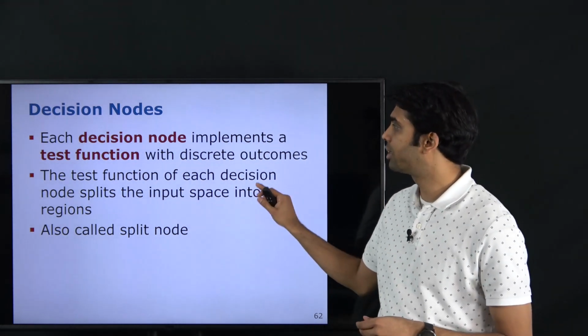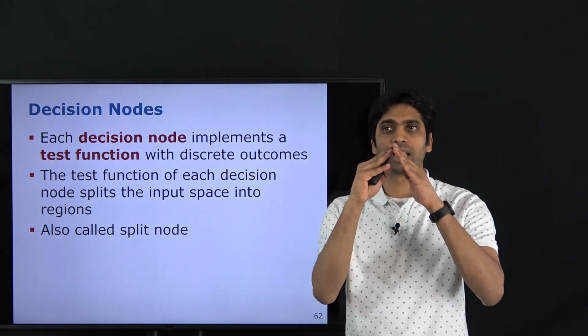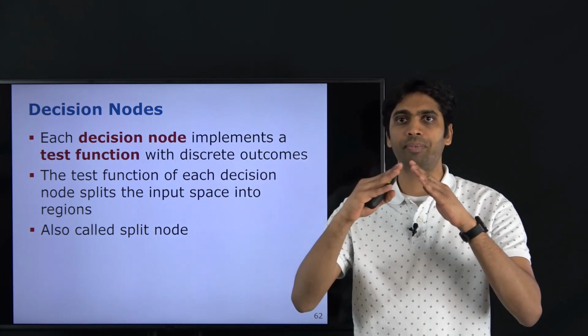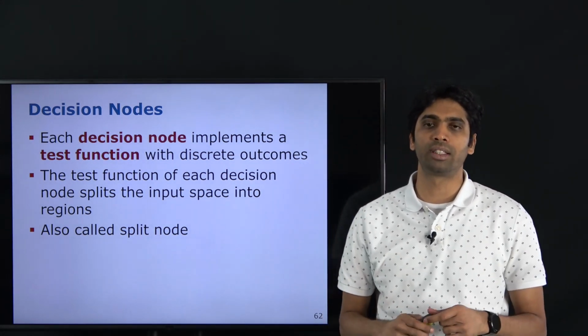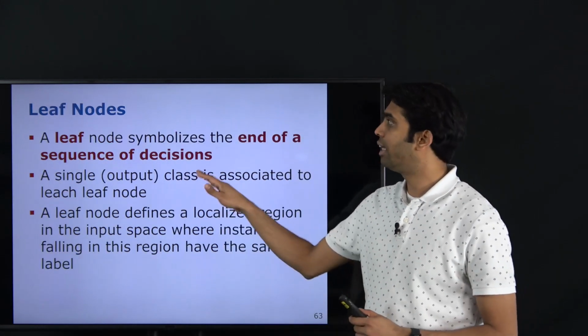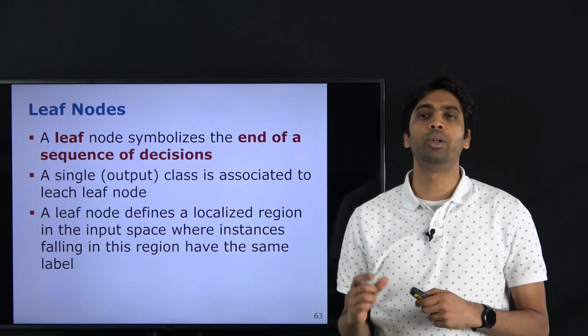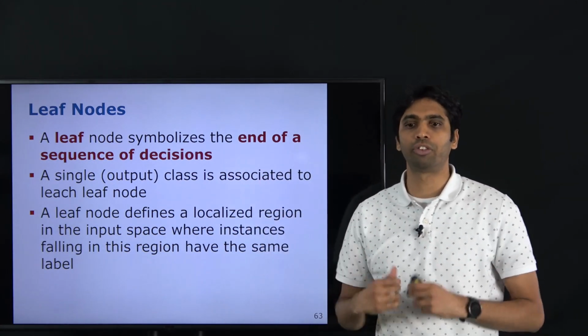Sometimes these nodes which make the decisions are also called split nodes, because at this point you would either have a yes answer or a no answer, and you would go into different directions on the tree depending on the answer. And finally, the leaf node is the node which will tell you whether this is class 1 or class 2, and in principle other classes if you have them in your system.